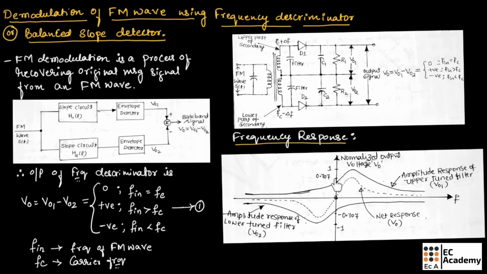So this is V01 and this is V02. If we take V01 minus V02, we will obtain this output voltage, which is m of t. So V0 will be equal to V01 minus V02. This is the output voltage after subtraction.